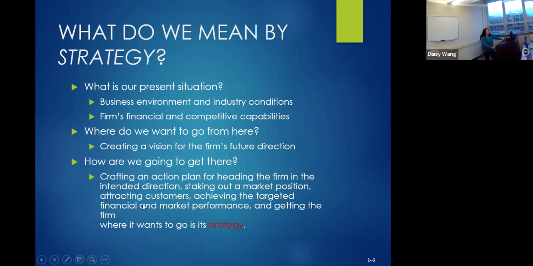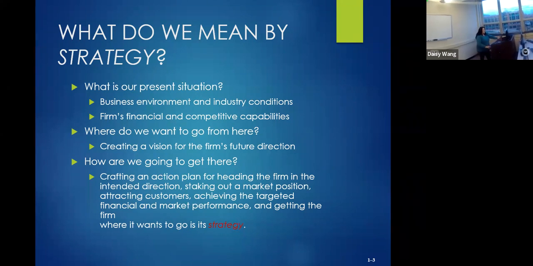So we are going to craft an action plan, set different goals, and we'll also talk about the different types of goals. We are going to do that later on.